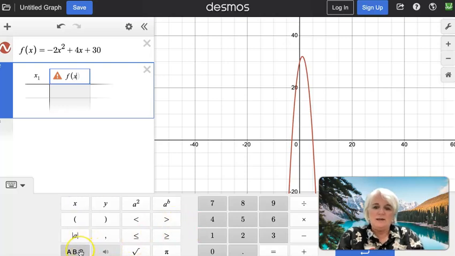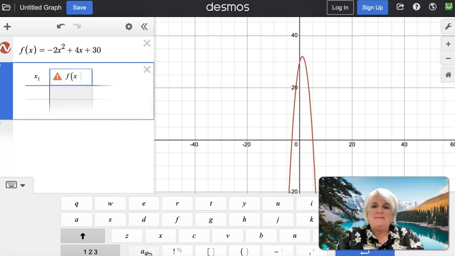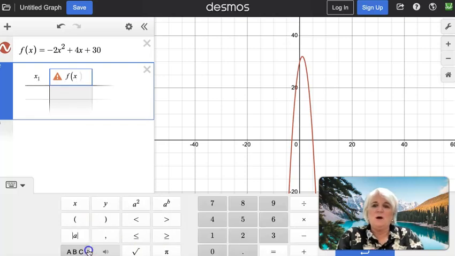I'm pressing delete on my keyboard, and I'm putting in f and then parentheses and x, and then I need the sub 1. So on our universal keyboard on Desmos, I'm going to press the ABC. And you see right next to the numbers, it says A sub B. I'm going to press that, and then I'm going to put in the 1, and the 1 will appear lower. I'm going to close my parenthesis.